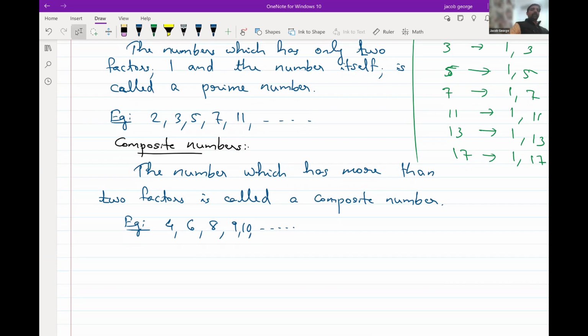Prime factorization you have studied in small classes. All of you know that one, okay? We will use that one in the first definition. Actually, this is a revision from small classes.